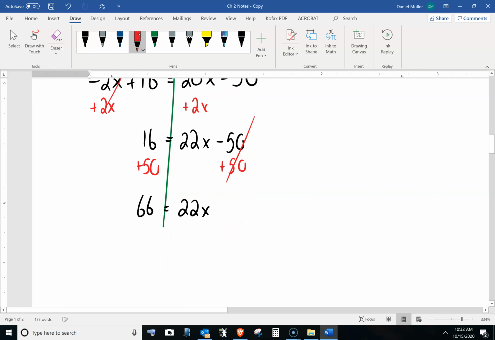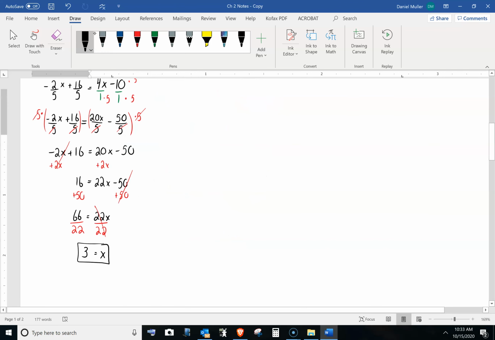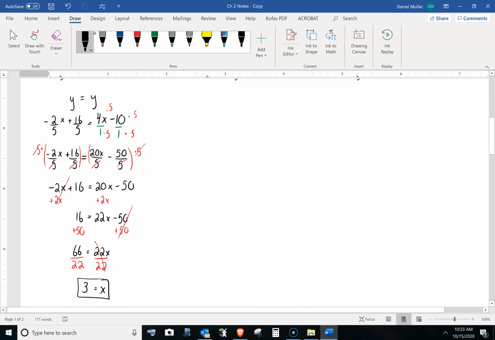And then I can divide by 22. Divide by 22. And 66 over 22 is 3. Okay, so I have just found that x is equal to 3.